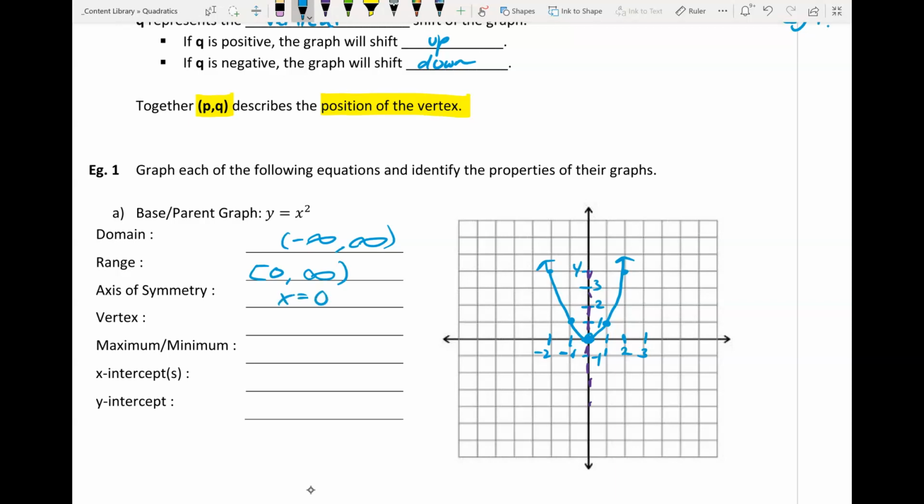Remember to express this as an equation. Your vertex is down here at (0, 0). This is also your minimum, because whenever you have a graph that looks like this, it has a minimum value, and this occurs at x equals 0.